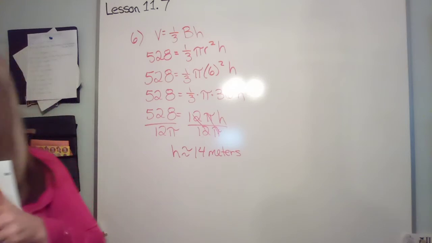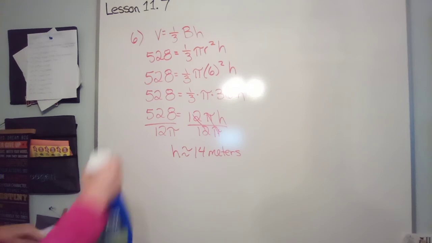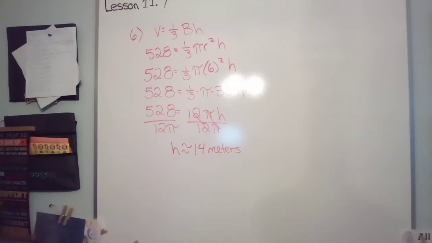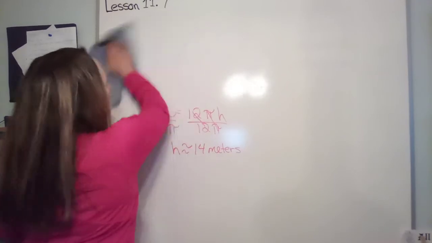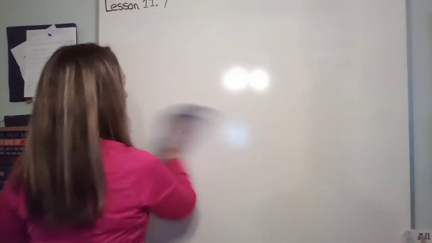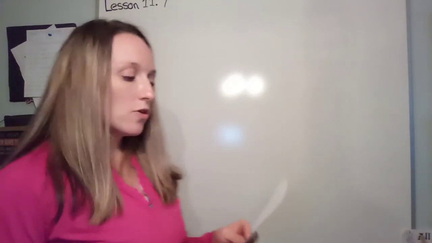All right. And I think there's just 2 more problems. For problem number 7, cone A and cone B are similar.